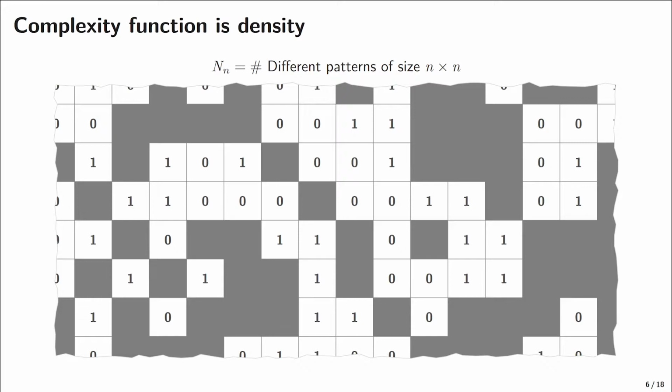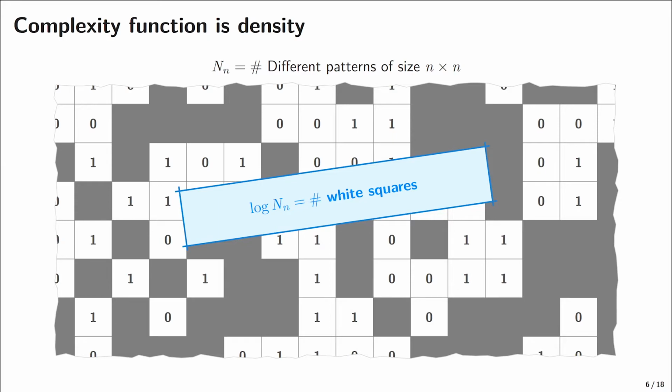And now, if you take patterns of size n times n, what matters is the number of white squares inside it. In fact, the complexity function is 2 to the power of the number of white squares, roughly. So the idea of the complexity function is that by controlling the density of white squares in this kind of construction, you control the value of the complexity function. And we will heavily rely on this method later.